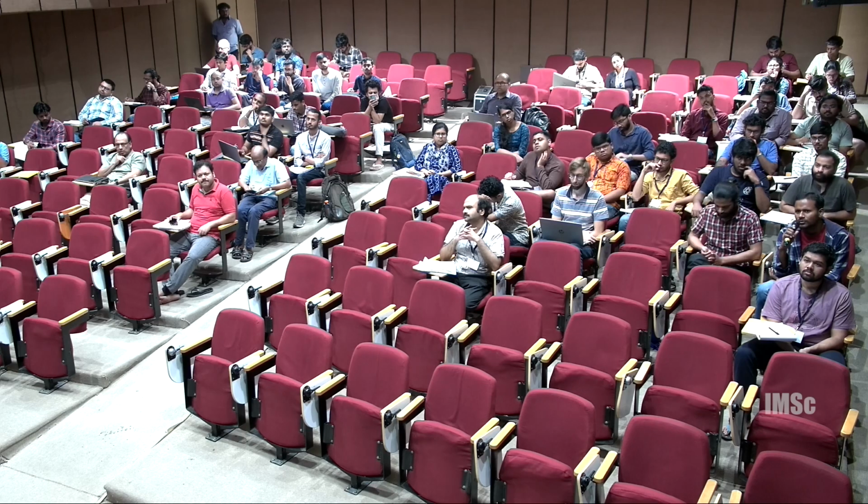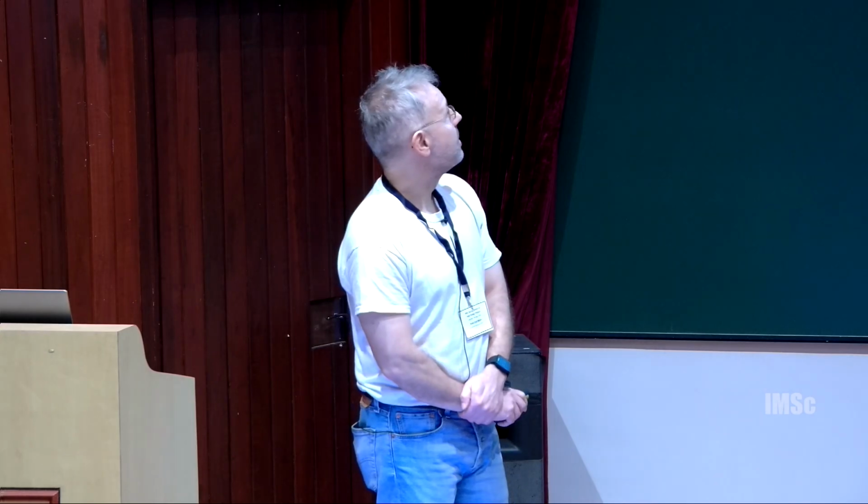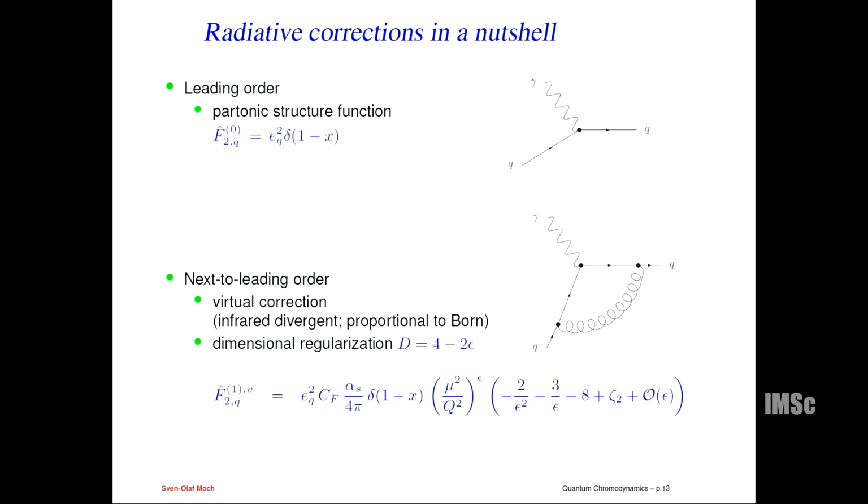Yeah, but here we haven't done any renormalization because this just depends on alpha electromagnetic at leading order, and then this is the first time we have dependence on alpha S, and so all the singularities here are all infrared. There is no ultraviolet singularity in this loop diagram, so we don't have to renormalize here.